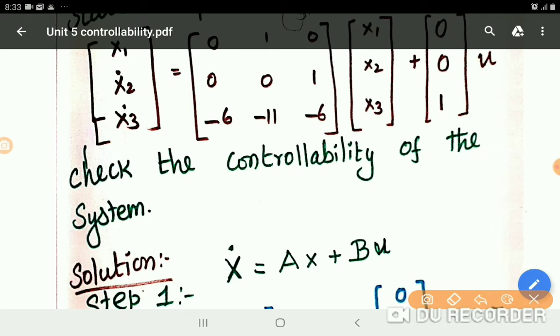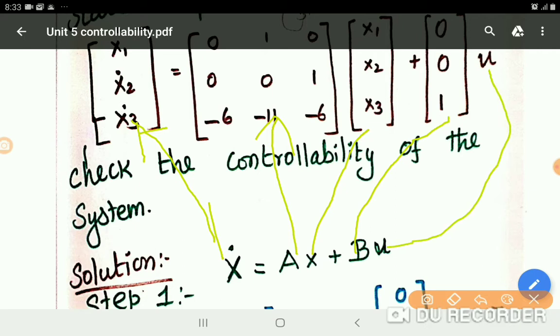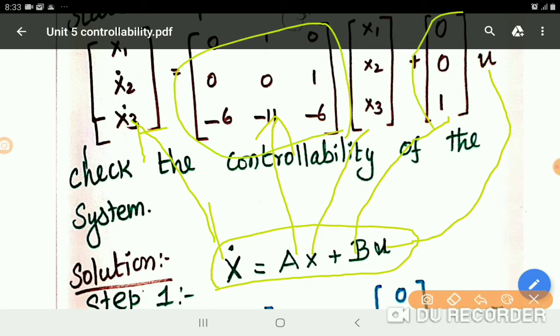While observing the question, as per the standard form, x dot is given and this is the A matrix, which is in 3 cross 3 form. Then the x variables are given, and then the B matrix and the U variable. So we observed it with the standard form. Then we will make the A and B matrices.